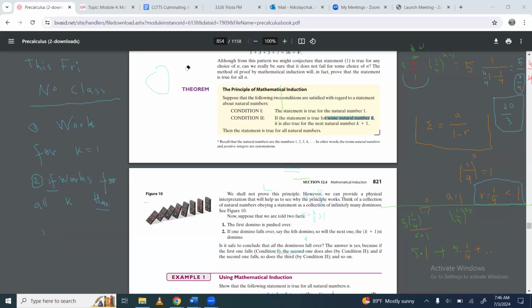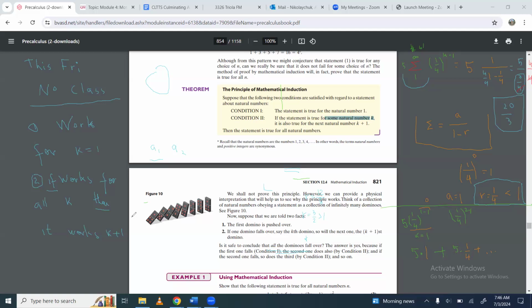It works for k plus 1. But it's kind of, one can say, obvious, because if you start at element number 1, the first element, and then everything's fine for the first element.